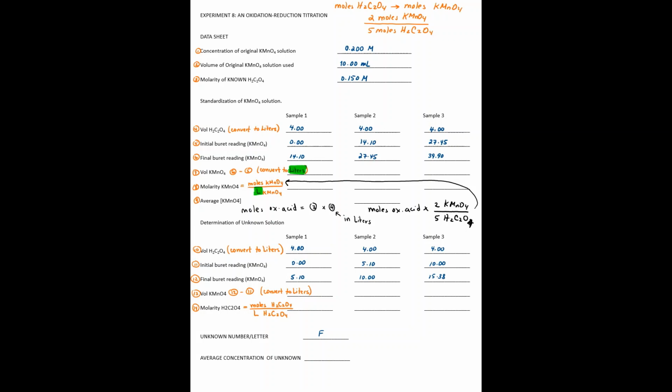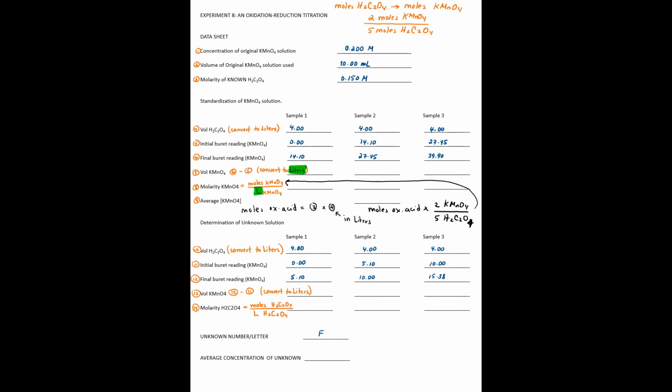Now the calculations for the unknown solution are very similar. The difference for this part is that the number of moles that you are going to determine is the moles of potassium permanganate because you don't know the concentration of oxalic acid. That's what you're trying to find out, the molarity of oxalic acid.